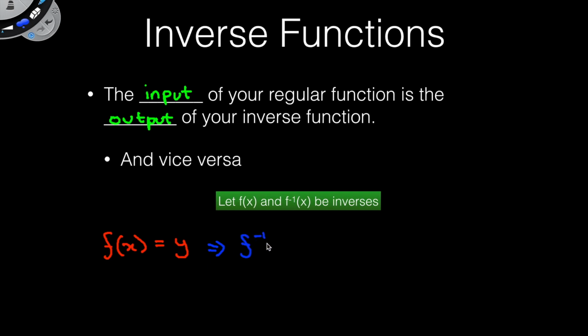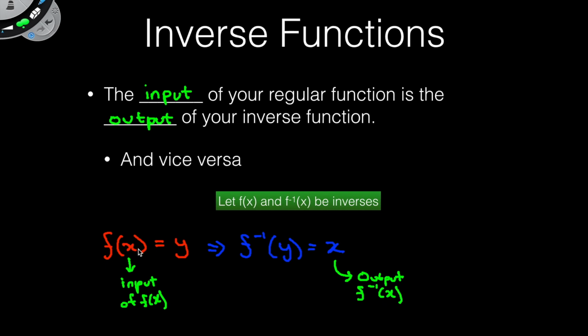then what this means is that the inverse of y, you plug y into the inverse function, is going to give you x. And just to make this perfectly clear, x is your input here, but at the same time, it's your output for the inverse function.